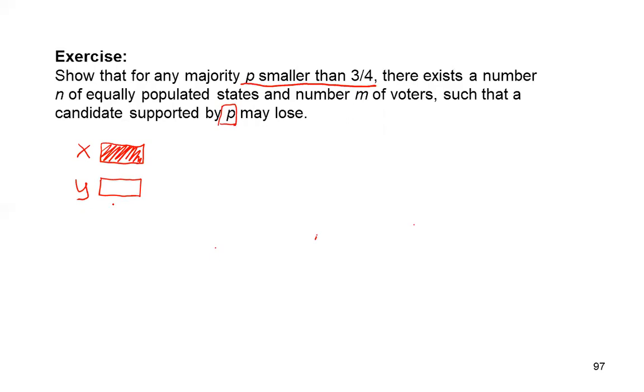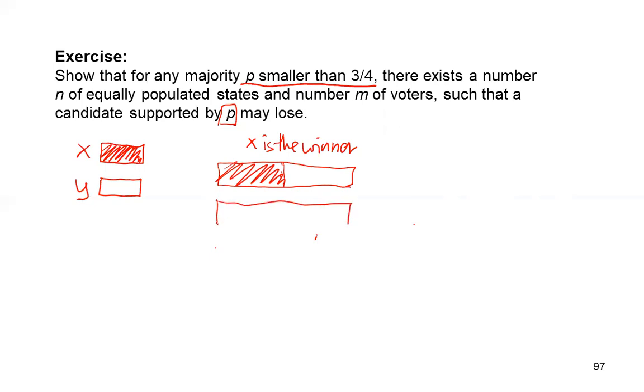So now we have to construct states such that X would be the winner. X is the winner in those states. And if this is 1/2, then X would win just slightly more than 1/2 of votes. And the same here. Just slightly more.